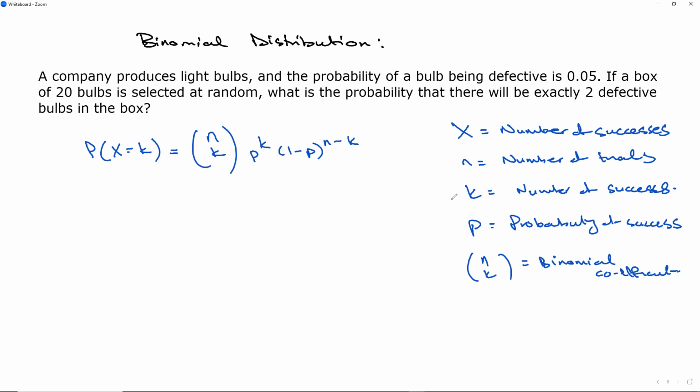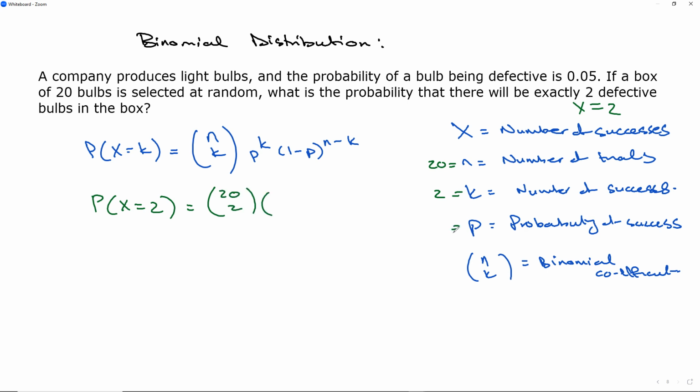Now, if we want to find two defective items, then what we are actually saying is that x is going to be equal to 2, right? So for two defective items, k is going to be equal to 2. So it's going to be the probability that x is equal to 2. And for this, n is going to be equal to 20, k is going to equal 2, and so that's going to be 20C2.